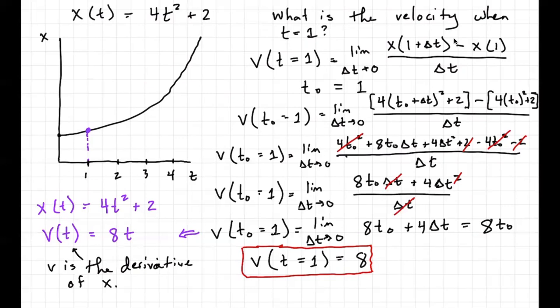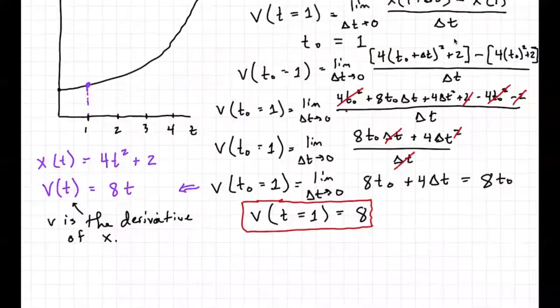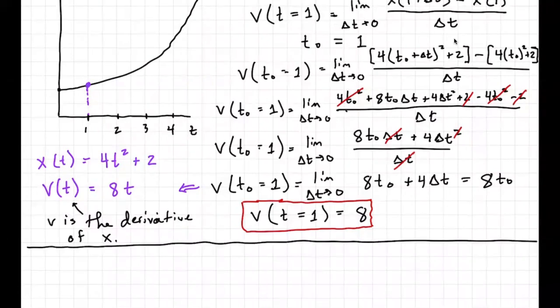This is great, but it would be kind of a bummer if you had to go through this process every single time you took a derivative. I'm not going to show you the derivation, but if I have any function of the form I'm about to write, and you can prove this to yourself if you want, it's kind of a cool proof to go through.